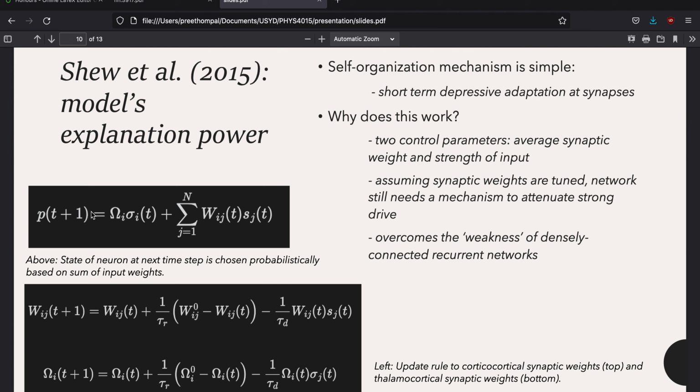So just very quickly, how that is actually modeled. In the first equation, what we're looking at is just how the state of a neuron is chosen at the next time step, and it's chosen based on this probability.